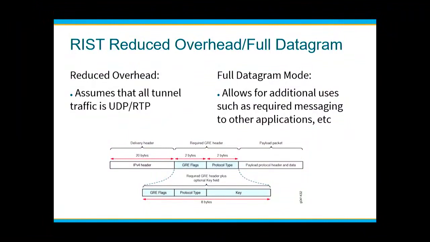Then the new type only uses 4-byte source port and destination port. And then it assumes that what follows is an RTP message, just like with a simple profile. So you can do it as simple or as complicated as you want.